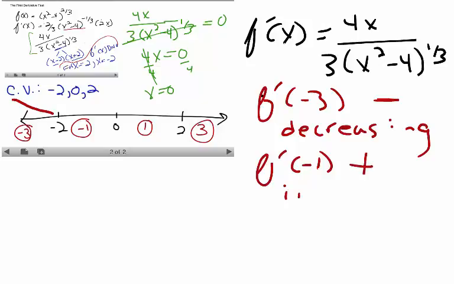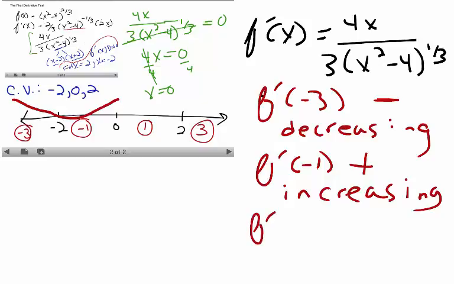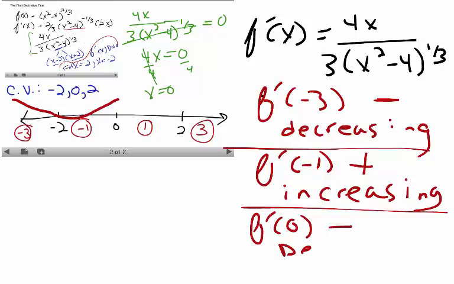So here the graph is increasing along the interval from negative 2 to 0. Evaluating at f prime of 0 yields a negative result. So again, the graph is decreasing.